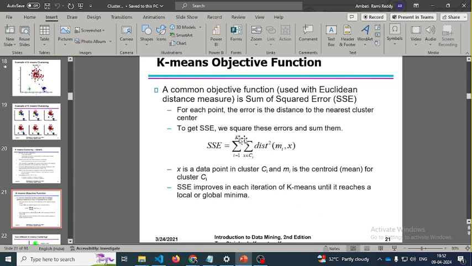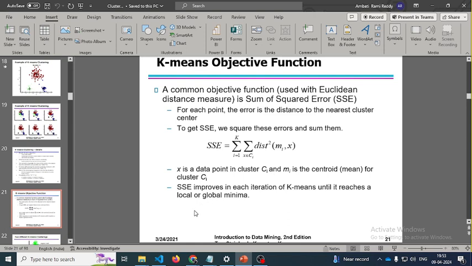This is the mathematical representation of the sum of squared error: you can represent it as distance squared of m comma x, where m is the centroid and x is the data point. Here x is a data point in a particular cluster Ci, and you may have several clusters, 1 to n.